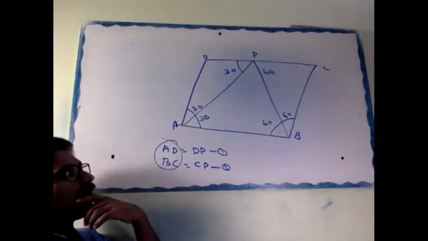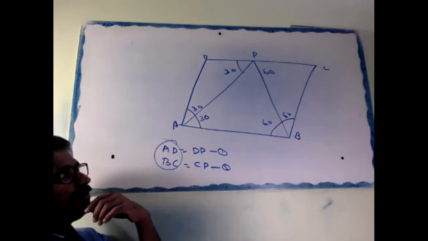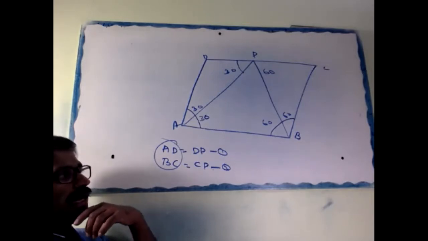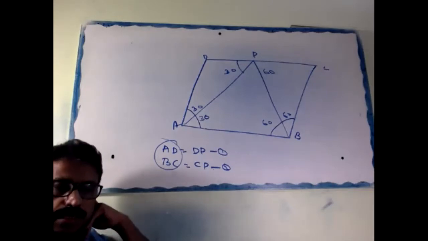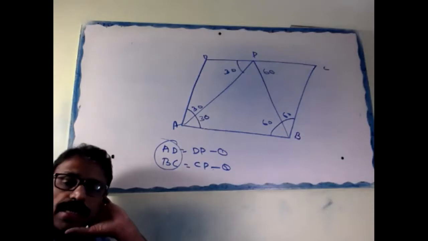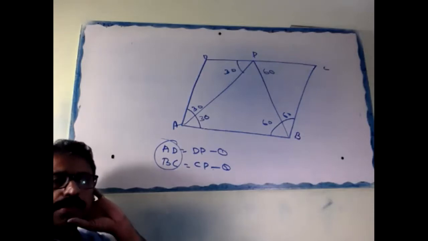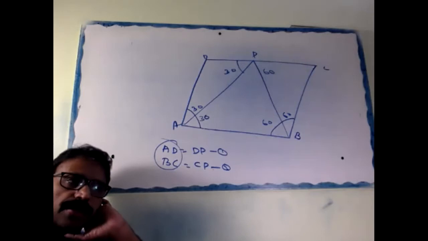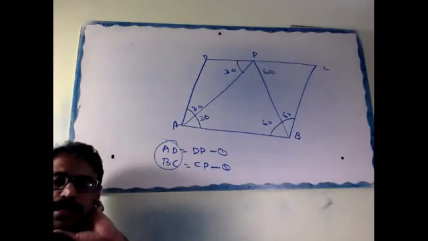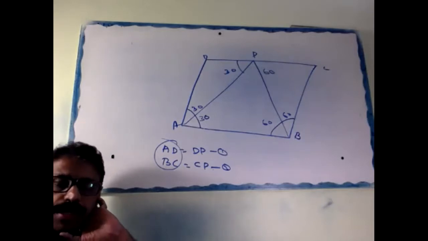Now, angle A plus angle B is 180 degrees, co-interior angles. But angle A is 60, given. Therefore, angle ABC is 120 degrees.